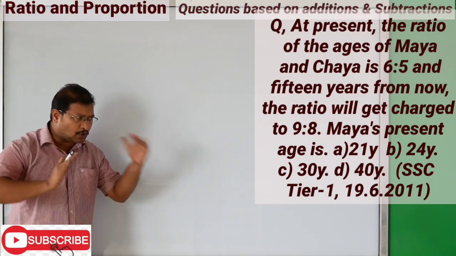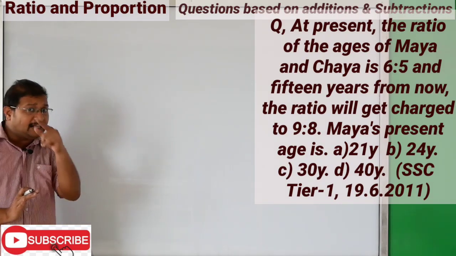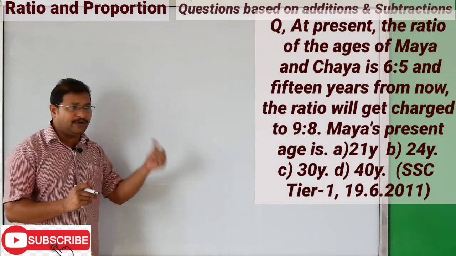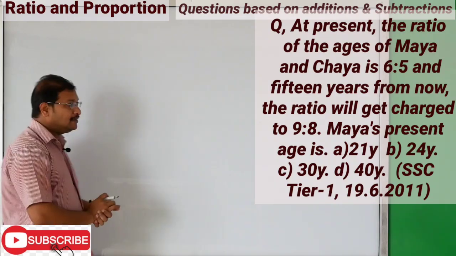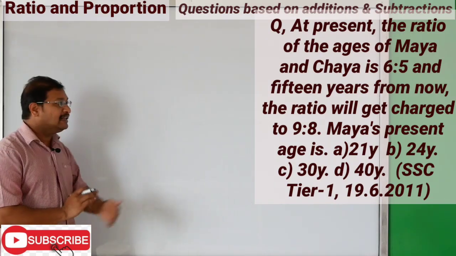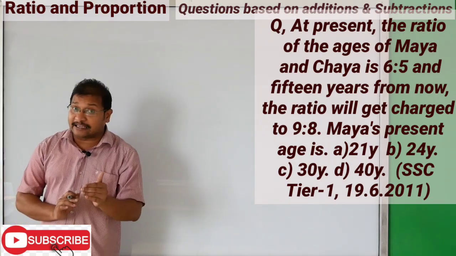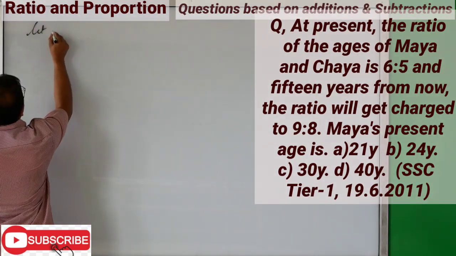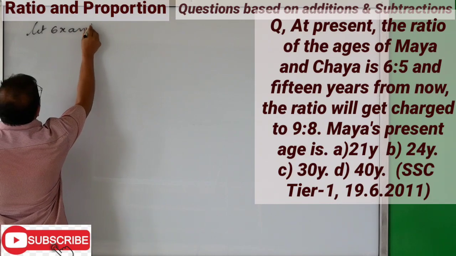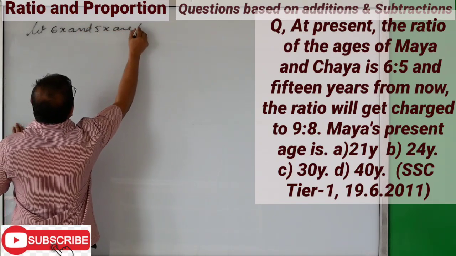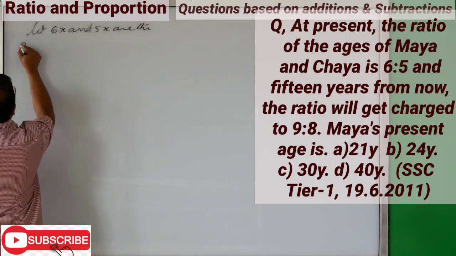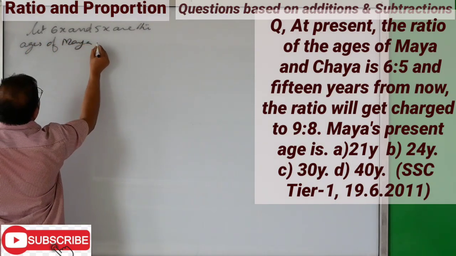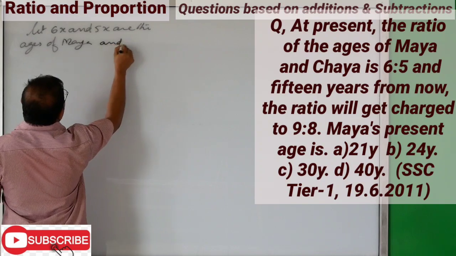So actually this question we already did in age problems. That is much easier than this method. Anyway, since we are doing ratio, we will do this method. Ready? So let's do this. At present, the ratio of the ages of Maya and Chaya is given as 6 is to 5. That means we will write, let 6x and 5x be the ages of Maya and Chaya.